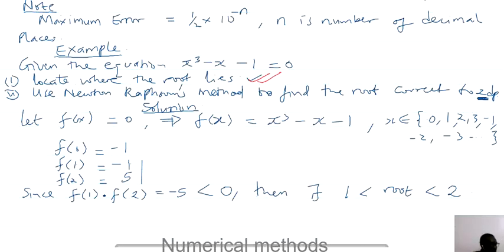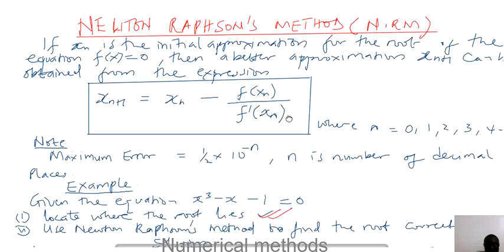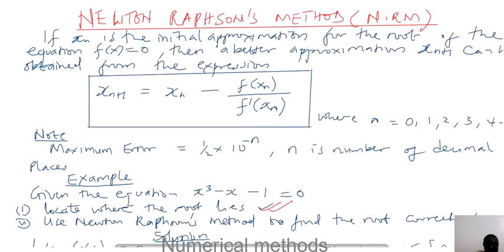We need to go to the next part where we use the Newton Raphson method. So this was Roman numeral 1. Roman numeral 2, Newton Raphson method. They say that if xn is the initial approximation for the root of the equation f(x) = 0, then the better approximation xn+1, these being subscripts, can be obtained from this expression.